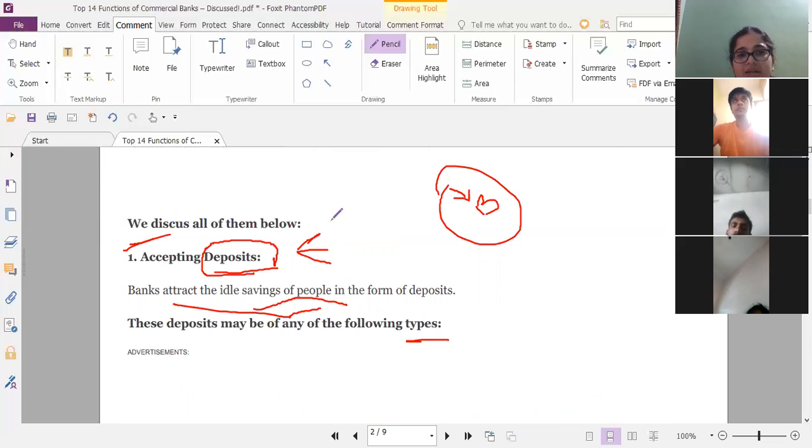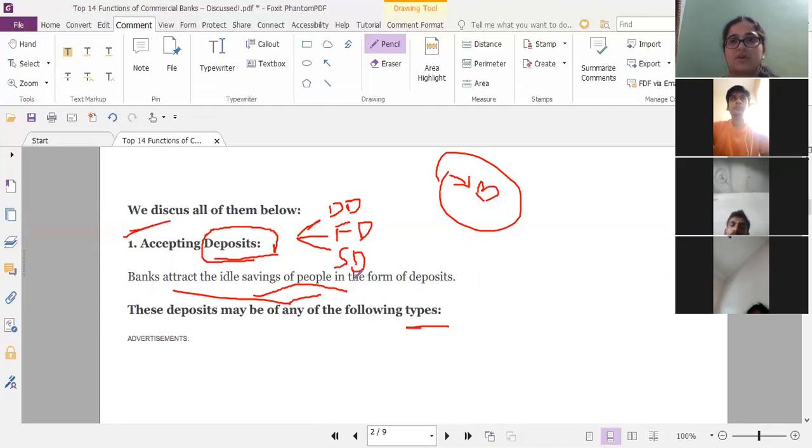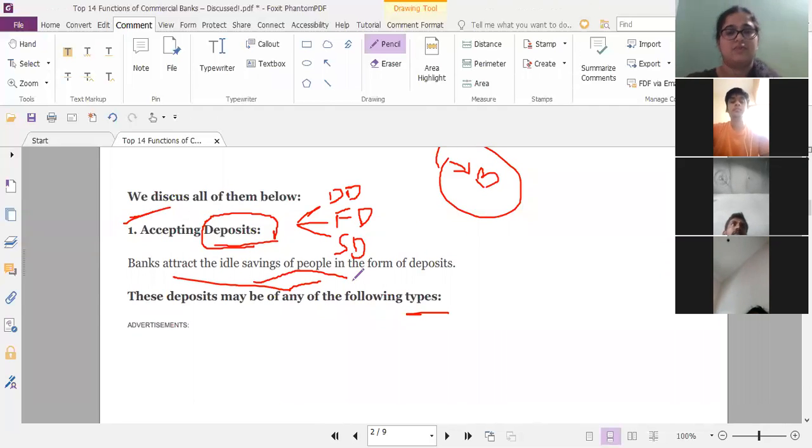One is demand deposit, the other one is fixed deposit, and the third one is savings deposit. Now we'll discuss each one of them.